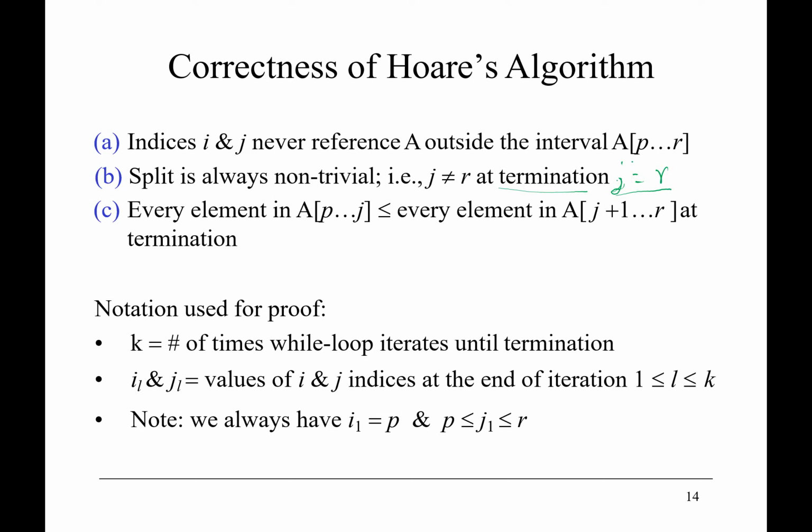We see this is not possible. The reason is that we have i starting from p minus 1. And definitely they will work for one iteration to get p's position. And if they choose this one, i will be increased to p plus 1. So it needs to have at least 2 loops.